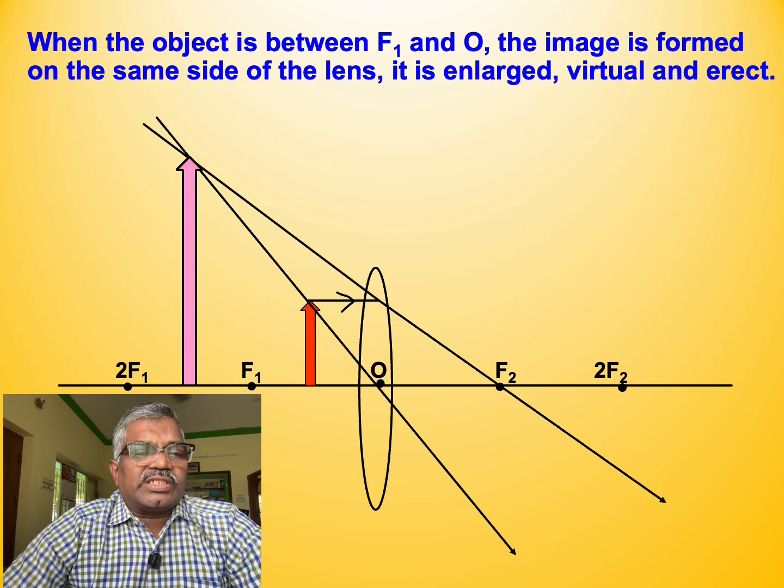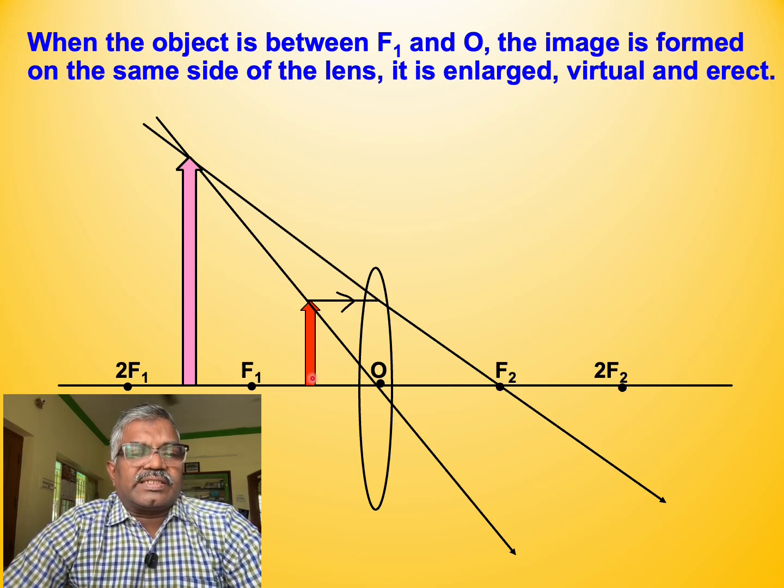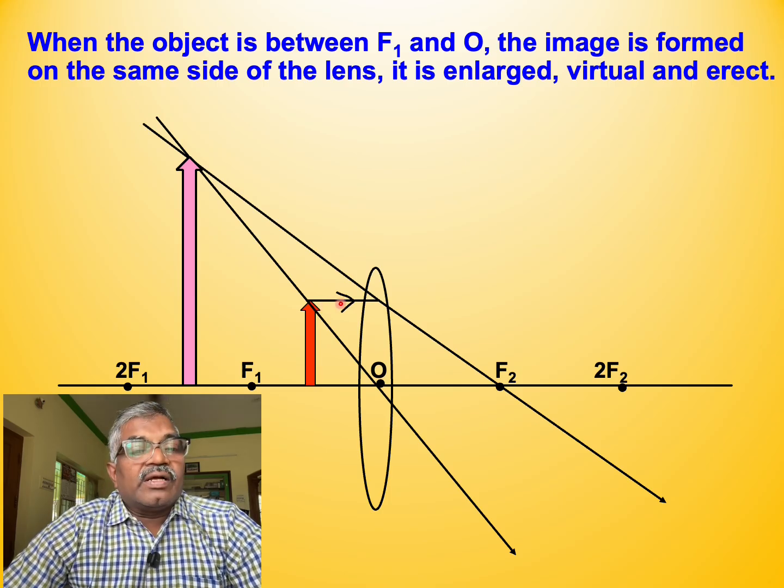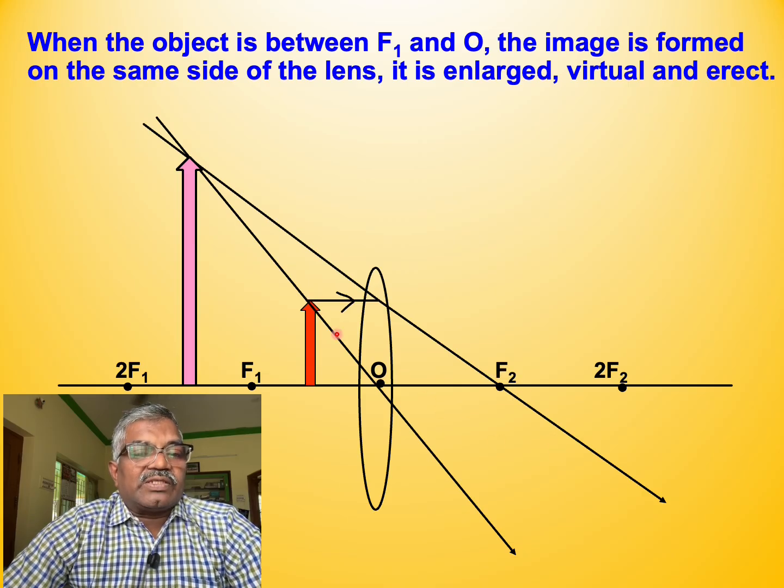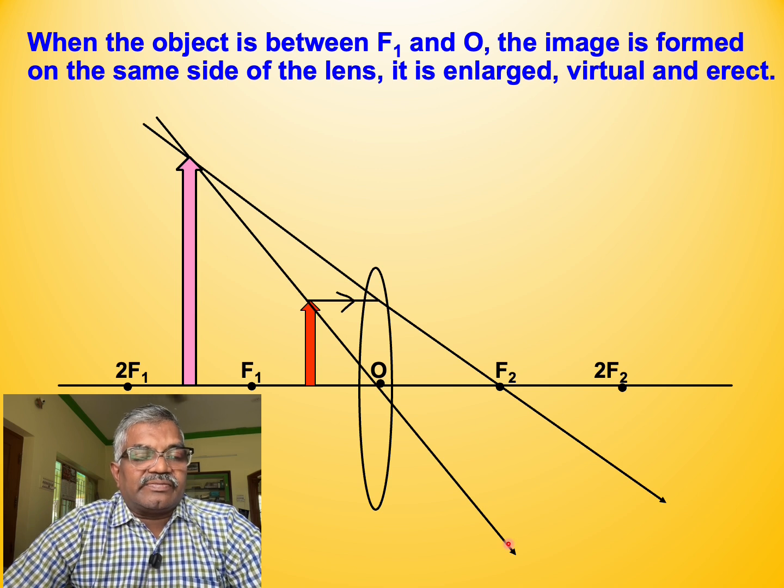And the next position is between F and O, focus and optical center. This is the object. Same rule: the ray parallel to the principal axis, after refraction will pass through F, and another ray will pass through O without any deviation. But here the rays diverge and never meet.